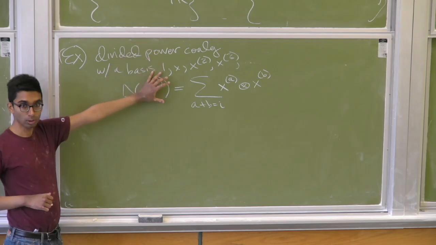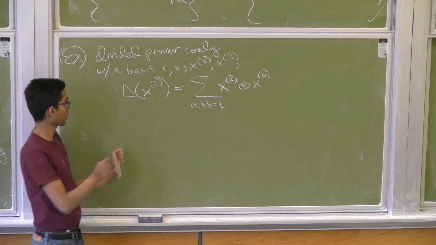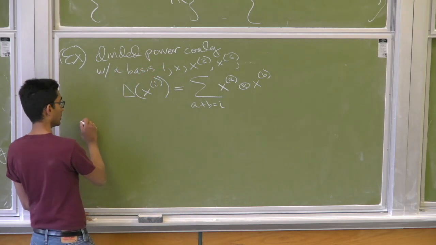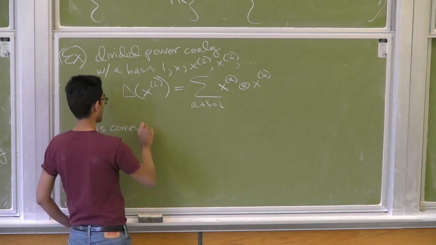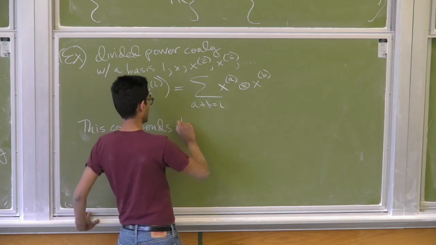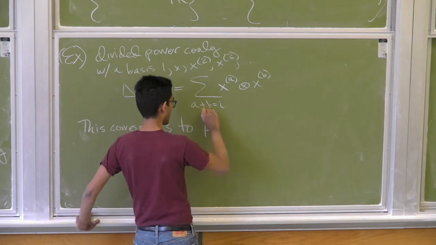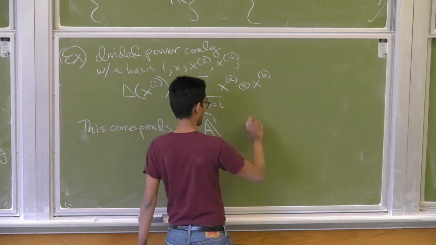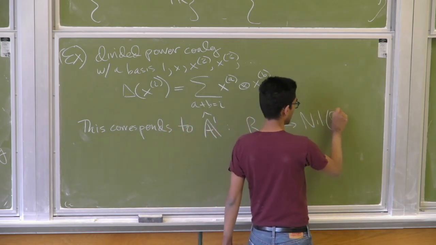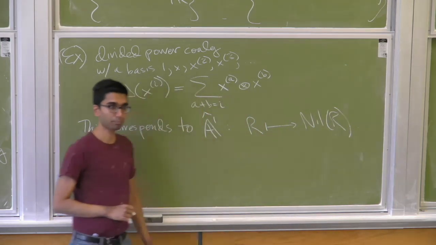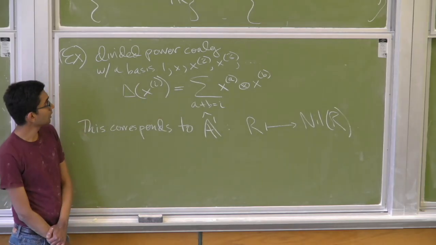And on the other side, the dual corresponds to the formal affine line, A1 hat. It's the functor sending R to its set of nilpotents.